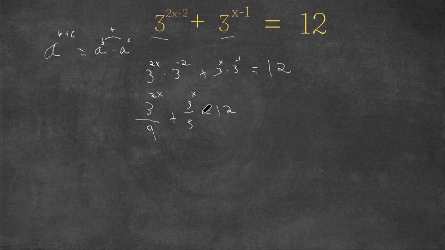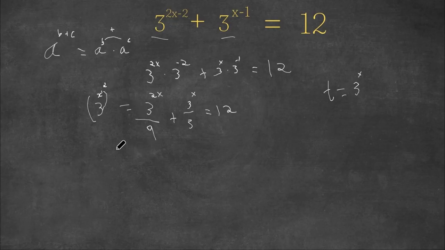All right, so now we're going to set the variable t equal to 3 to the power of x. We're just doing this to simplify this a little bit. So 3 to the power of 2x is the same thing as 3 to the power of x, to the power of 2, because remember, these two simply multiply.